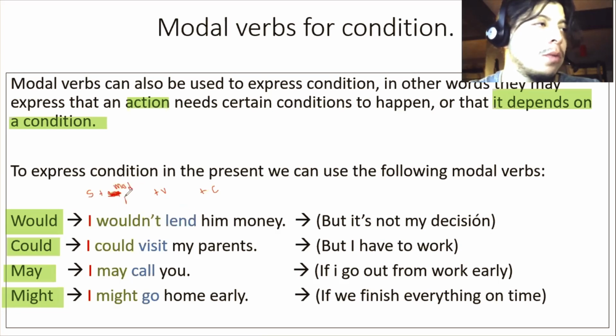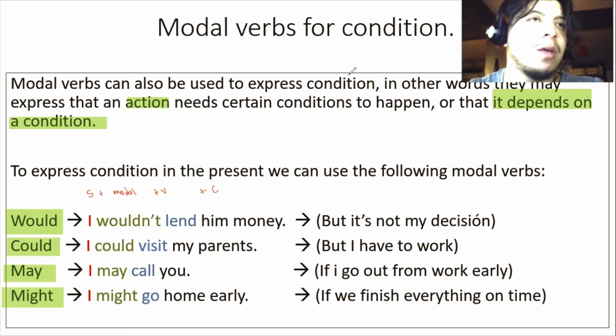You know that modal verbs go in the second position in our sentence. We use them instead of auxiliaries. You cannot mix auxiliaries and modal verbs, okay? So that's impossible. We are going to use the modal verb instead of the auxiliary. So we don't have subject, auxiliary, verb, and complement. We have subject, modal verb, verb, and complement.